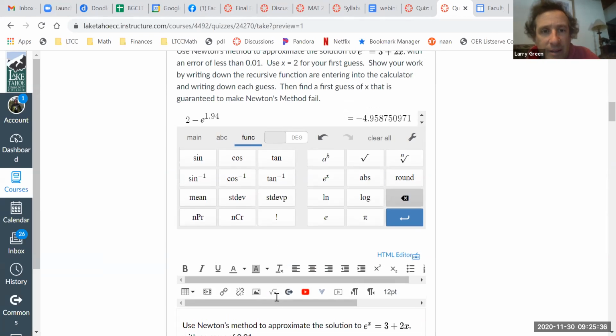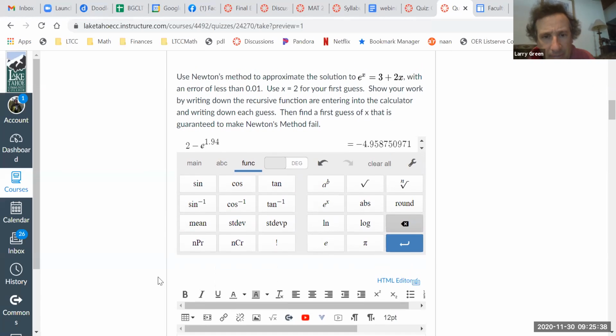And let's go ahead and do it. So that's going to be 1.94 minus 0.08 divided by 4.96. And we get 1.92.